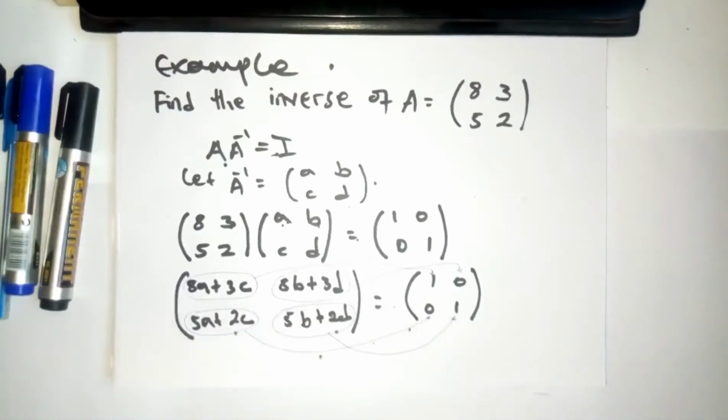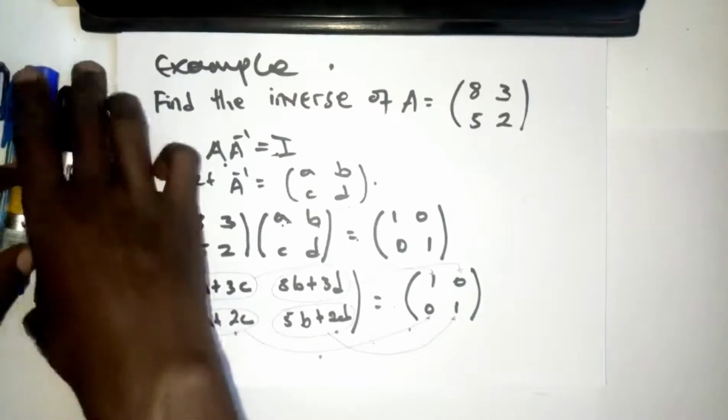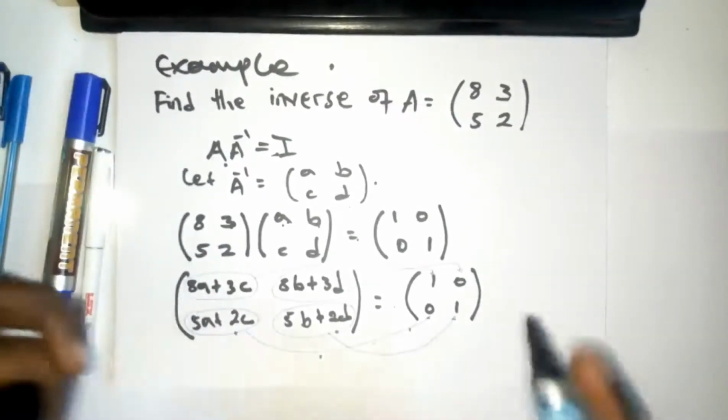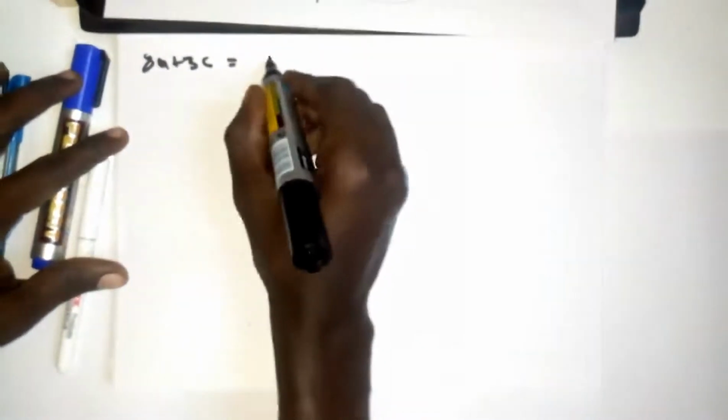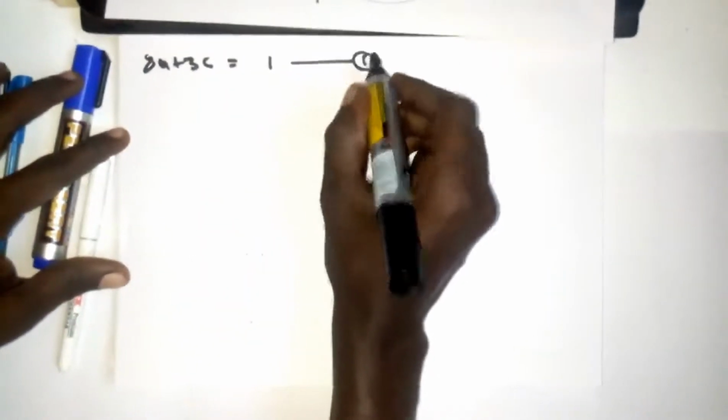Then we form equations and solve those equations simultaneously. So that's what we are going to do. We are going to get an equation which is 8a plus 3c should be equal to 1. Let us call that equation 1.